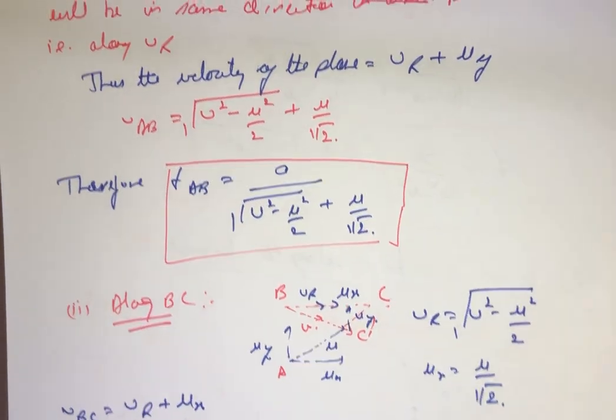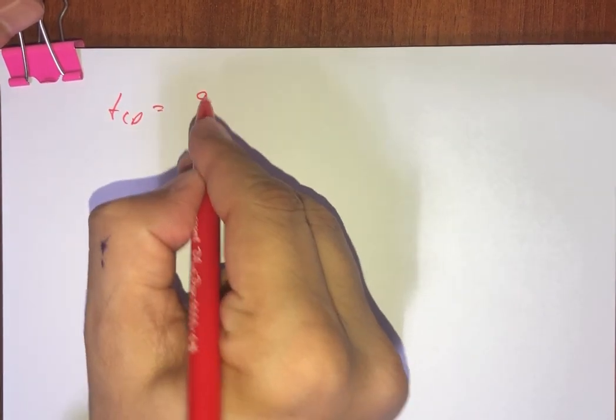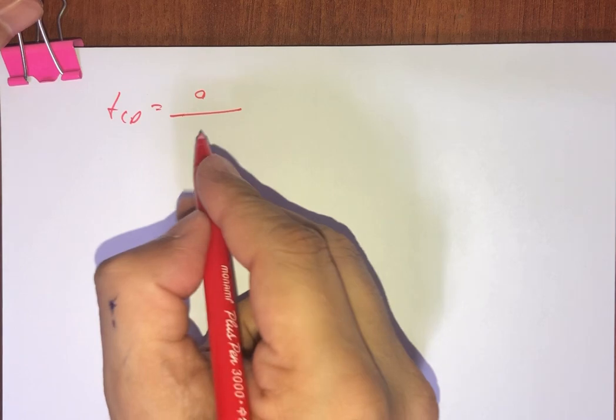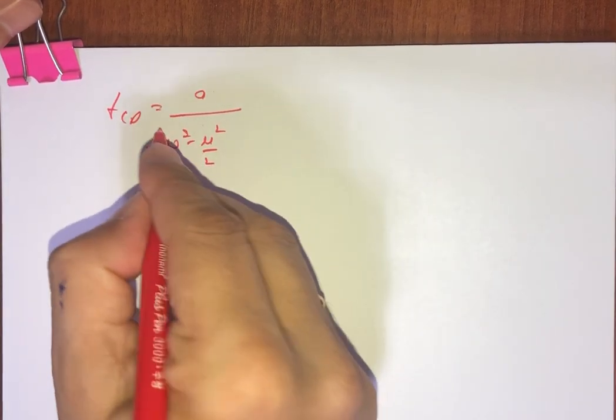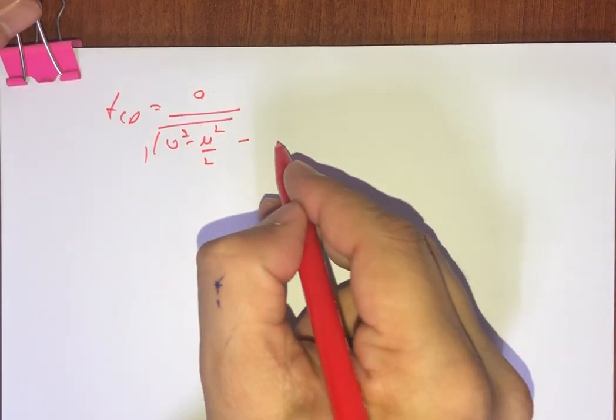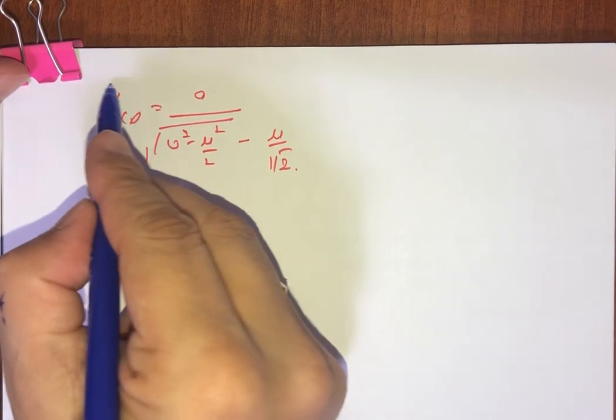Next we find out TCD. We can say that TCD will be equal to A divided by square root of (v square minus u square divided by 2) minus u by square root of 2. This is TCD.